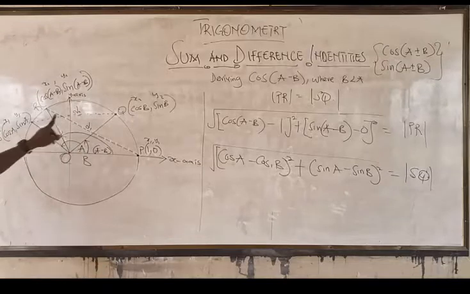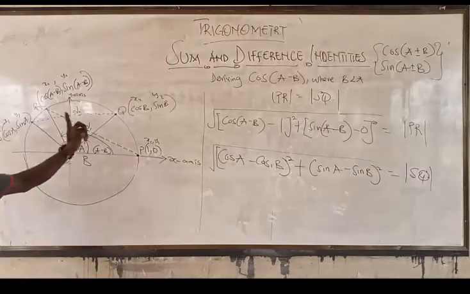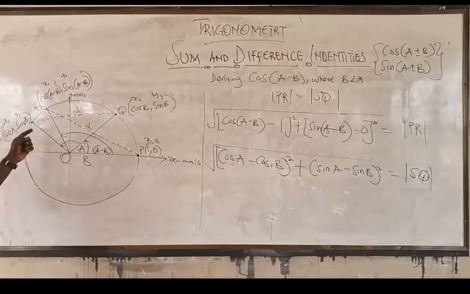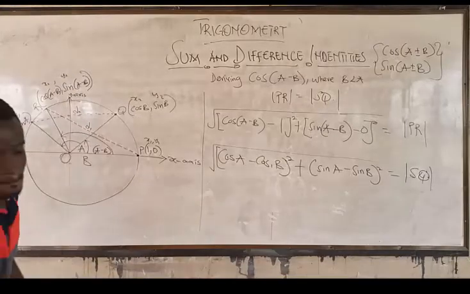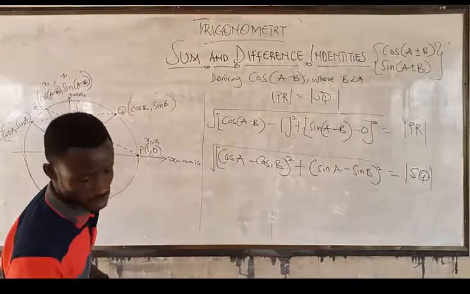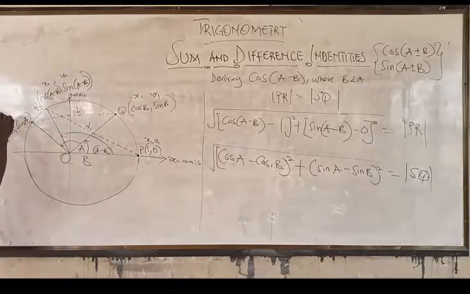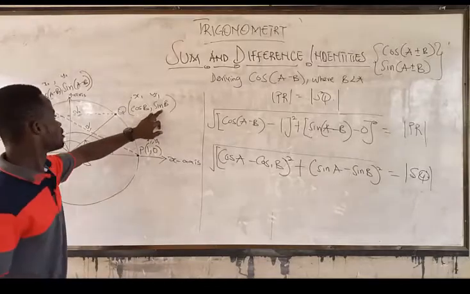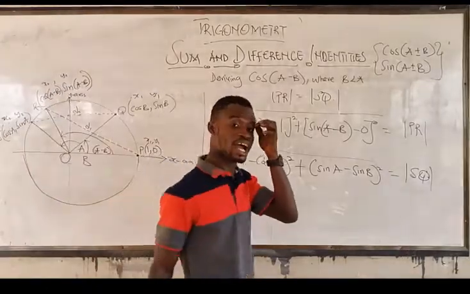So cos A minus cos B all squared plus Y2 minus Y1, and that is sine A minus sine B. Very good. So that is sine A minus sine B, and that is what we have for the length of SQ.